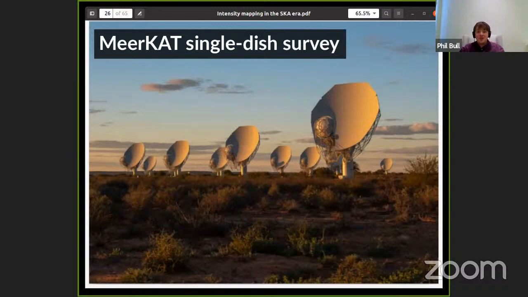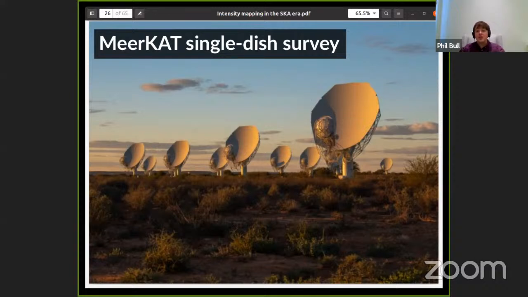So here's a nice picture of the MeerKAT Array, or several dishes in the Karoo Desert. So MeerKAT and HERA, two of the experiments I work on, are right next to each other very conveniently. And they're in this beautiful desert about 8 hours north of Cape Town, as I mentioned. Each of these dishes is roughly 13.5 meters across.